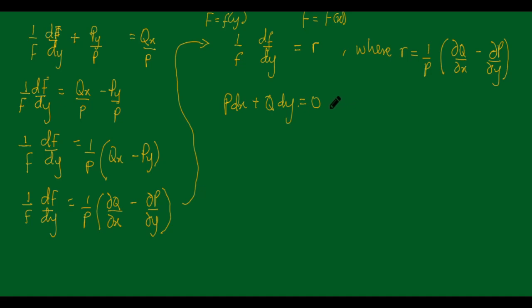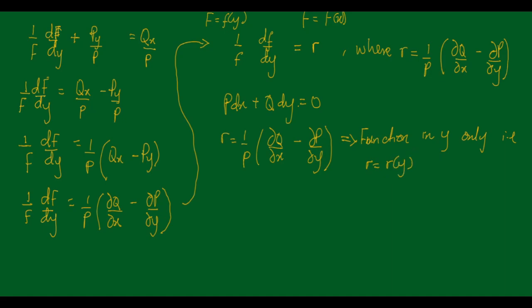So on evaluating this, if r, which is equal to 1 over p multiplied by the partial derivative of q with respect to x minus the partial derivative of p with respect to y, gives a function in y only, that is r is a function in y only, then that means 1 over f df dy is equal to r, which is a function in y only.